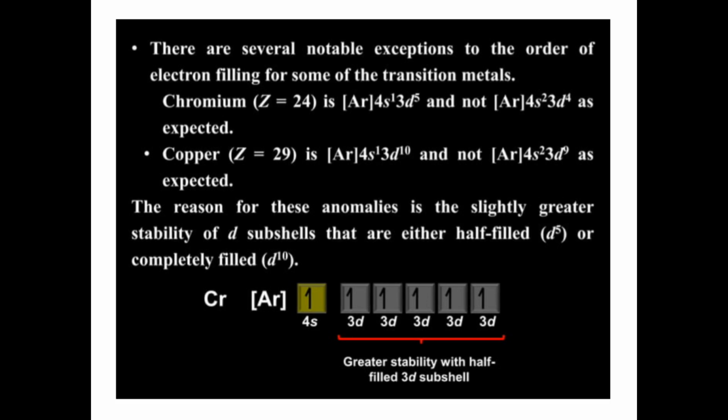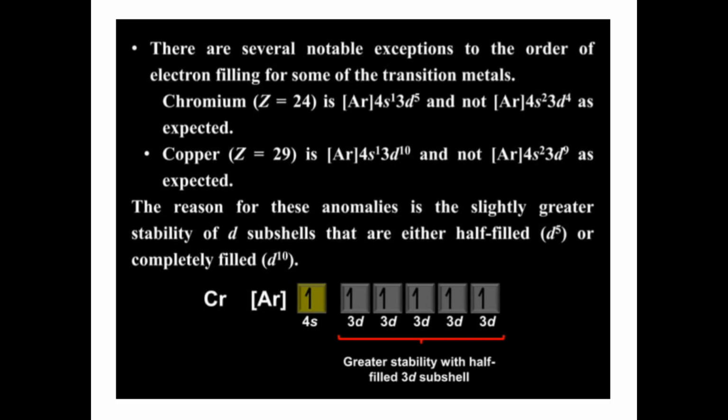So we are going to write argon 4s1 3d5, and not argon 4s2 and 3d4 as expected. These are exceptions. We are going to talk about them very soon. So for copper, which is 29, you are writing argon 4s1 3d10.